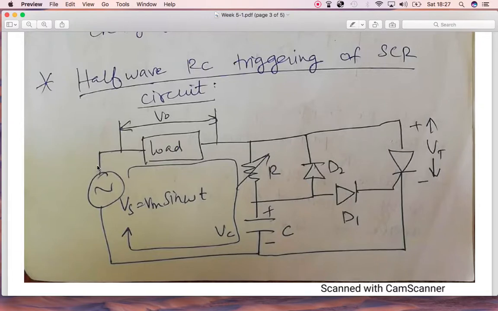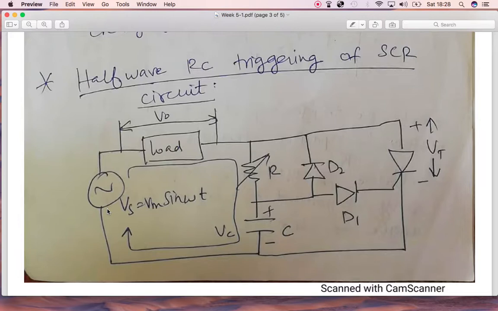As I told you previously, all the voltage at the supply side will appear across the load when this SCR is on and we have a path for the current from here to here. And when this path is not followed, no voltage will appear across the load at the output. So firstly we can look at the negative half cycle and then the positive half cycle.